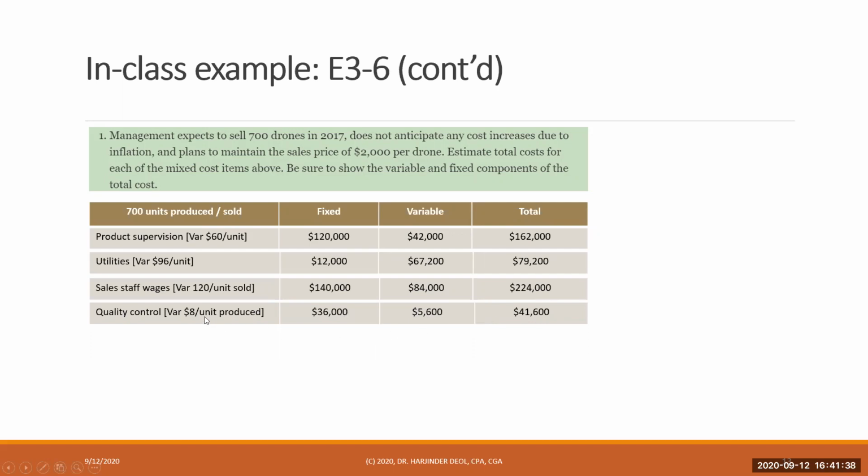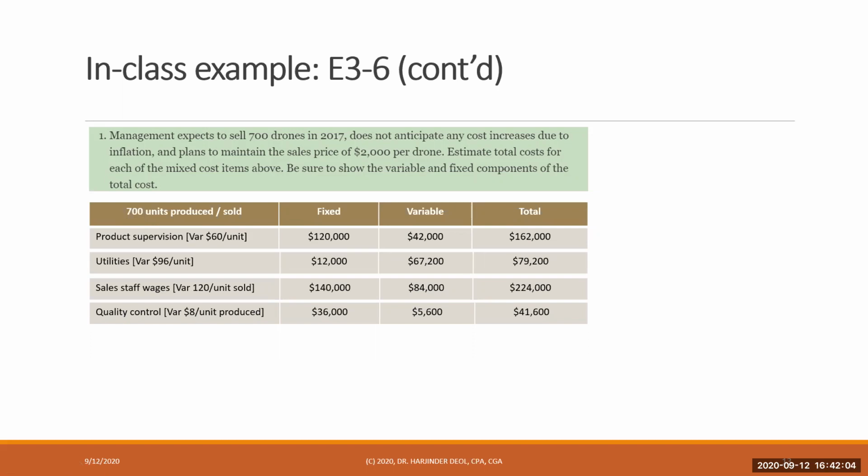Now, some of you may still go, oh, Hardinder, didn't they say that half the units produced are actually inspected? True, but in that case, you have to use the $16 per unit inspected. So you would calculate half of 700 units, 350 units will be inspected, but the cost of inspection for each unit will then be $16.